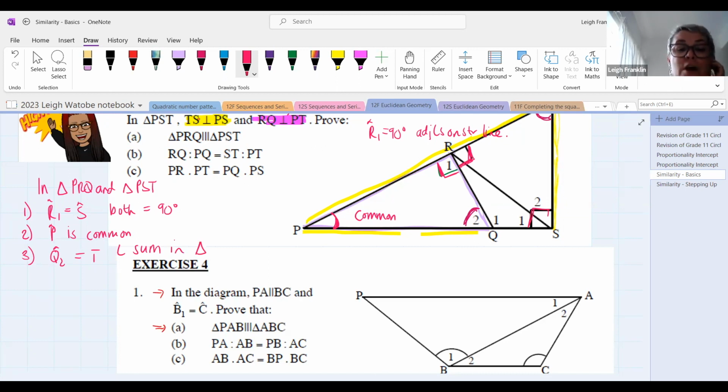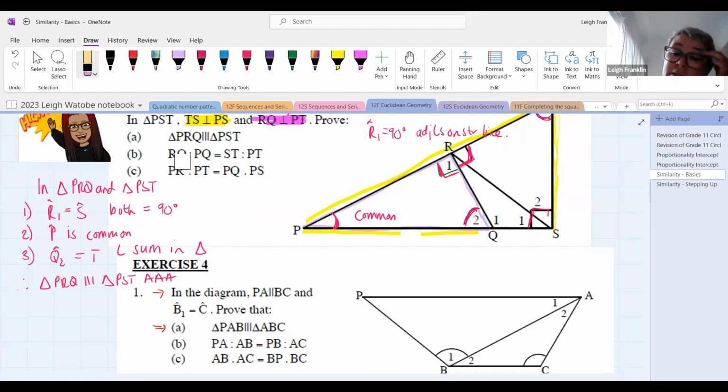That's the appropriate abbreviation. So now we have proved angle, angle, angle. There are three angles in the one triangle and they equal three angles in the other triangle. So now we can conclude that triangle PRQ is similar to triangle PST, and after that we are expected to write angle, angle, angle. Okay, so that's what I was explaining.